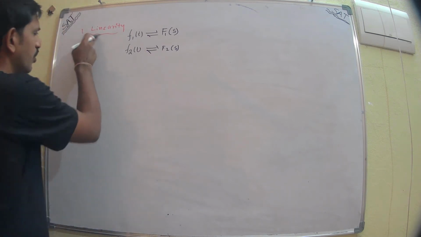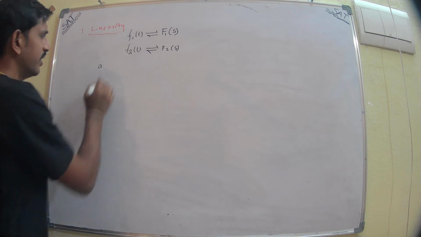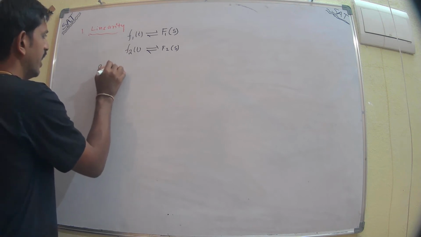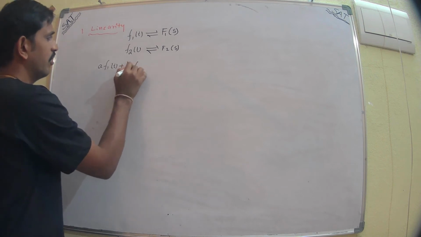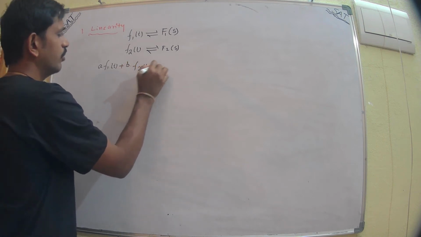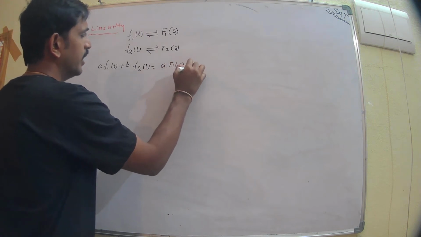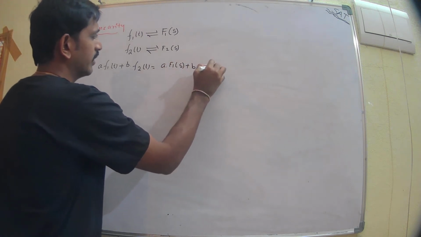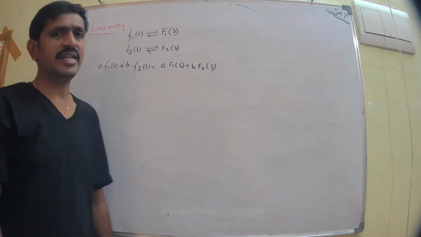According to the linearity property, if you multiply a constant a with f1 of t, and add b, another constant, times f2 of t, the transform is a into F1 of s plus b into F2 of s. This is the statement of linearity.